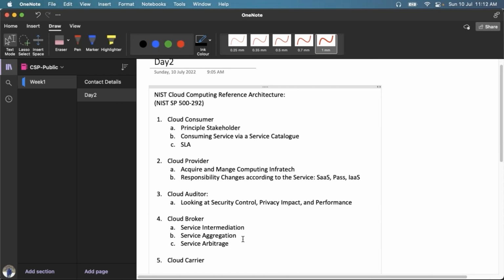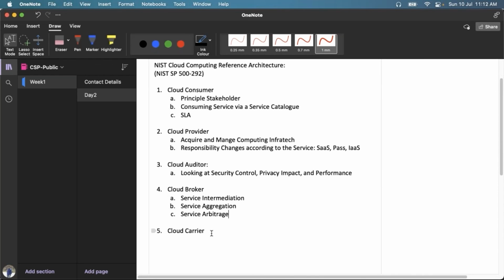So you are taking, let's say, one service from AWS as infrastructure as a service and providing it to your consumer as software as a service. The provider has the option to work around with different solutions. These things are part of what we are talking about as service arbitrage. So this is the cloud broker, and different ways that it can work.